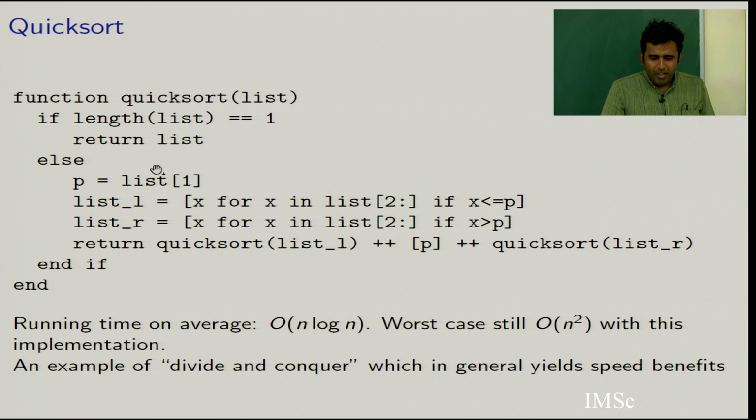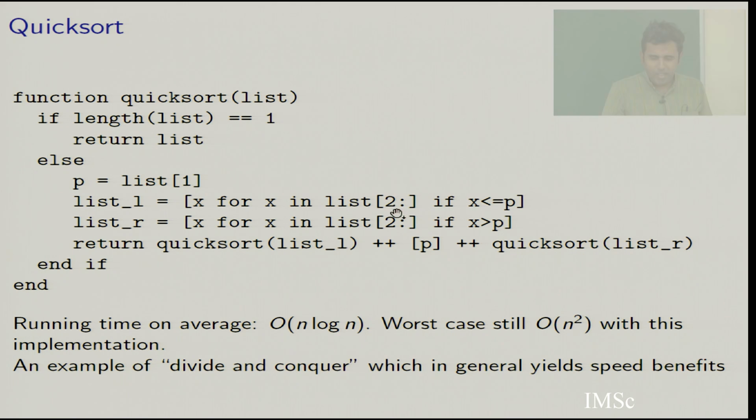Otherwise, you take the first element of the list, it is called the pivot, so we call it P. Then you take all the elements of the list from the second onwards which are less than or equal to P, and you put them in a new list called list underscore L. And you also take all the elements in the list that are greater than P from 2 onwards, that is not including this pivot element, and put them in list underscore right.